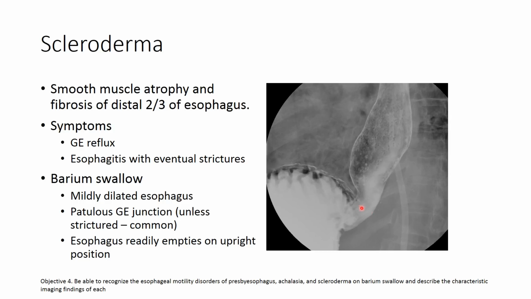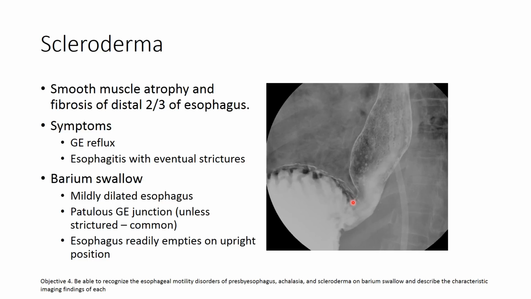lower esophageal sphincter. And because of that, if we have the patient who is not getting barium through the esophagus well, if we put them upright, then it readily drains. It goes right through that patulous sphincter.